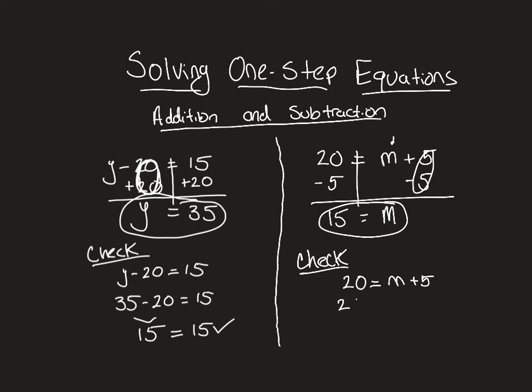And then I replace m with the 15 that I think is the correct answer. I do 15 plus 5 is 20. And 20 equals 20, which means that my answer is what I expected it to be. Okay, so this is how you do addition and subtraction problems. You want to use those inverse operations and the properties of equality.